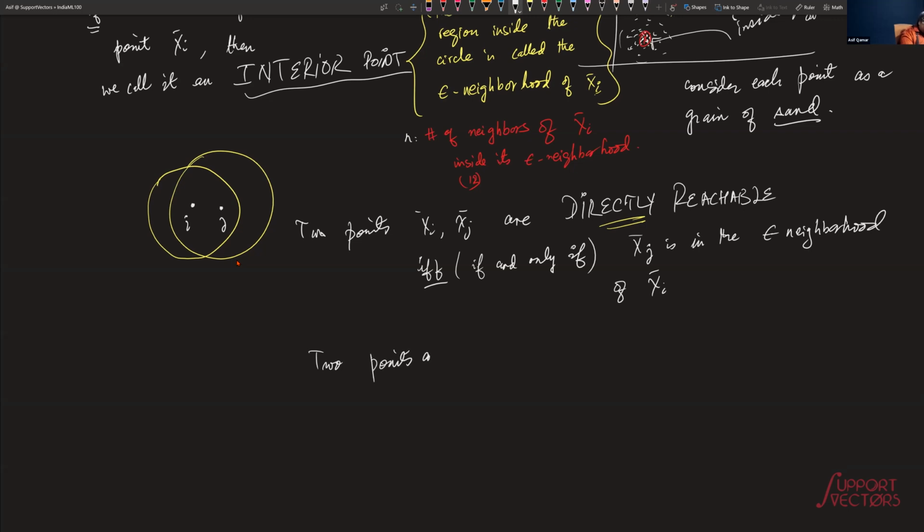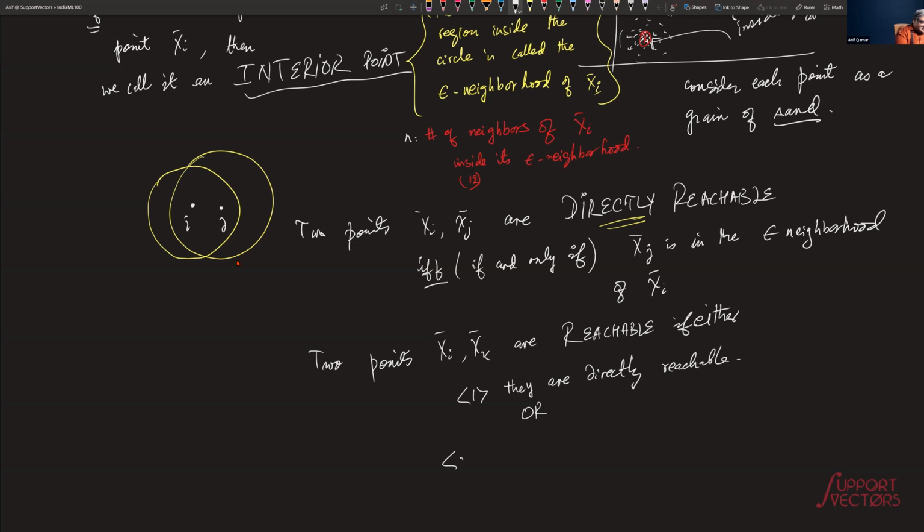Two points, xi and xk, are reachable if either one choice is they are directly reachable, or they are reachable through intermediaries, right? Some people in between.